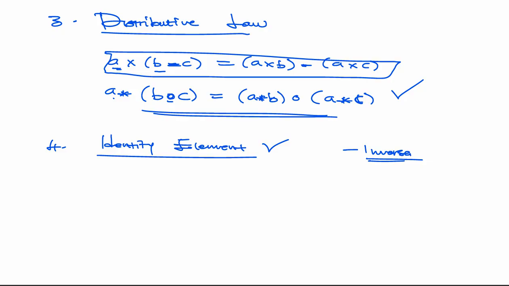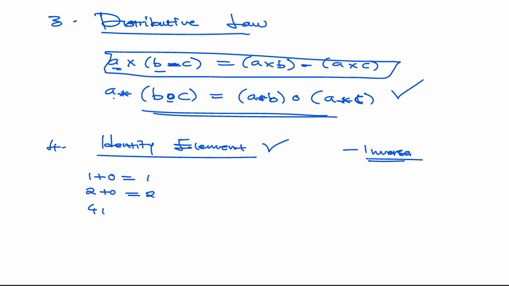So an identity element, guys, doesn't change anything if you operate it with a certain number. Let's say, for example, 1 plus 0 is equal to 1. Let's say 2 plus 0 is equal to 2.